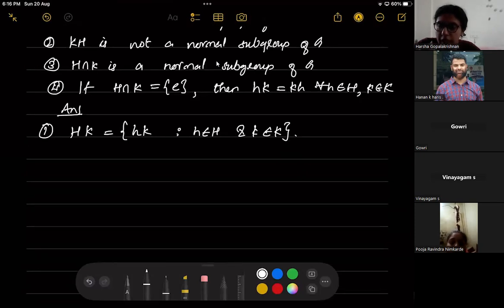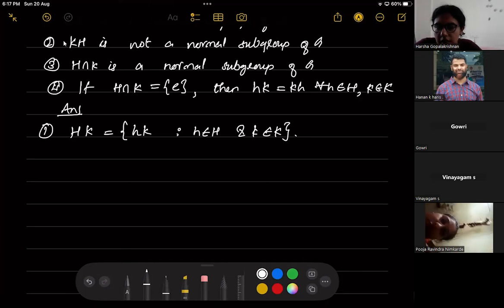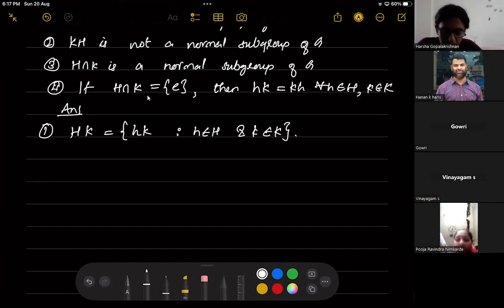Closure property, identity, inverse, associative property. Actually, associative we don't need to check because G is a group, so any 3 elements in G satisfy the associative condition. So 3 elements in HK are obviously elements of G, so obviously it will satisfy associativity.